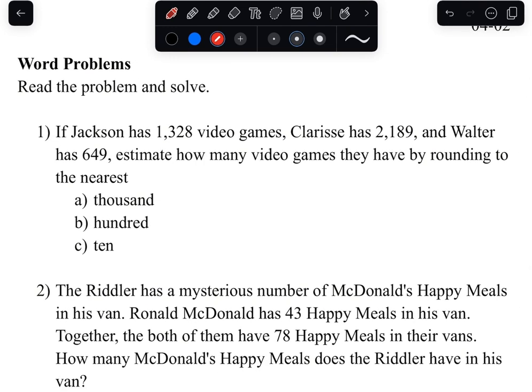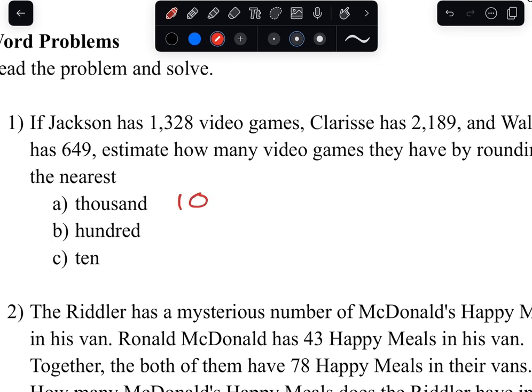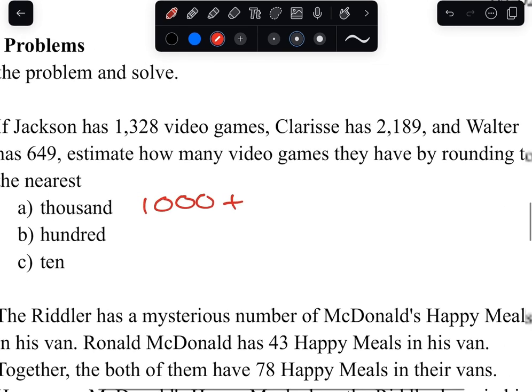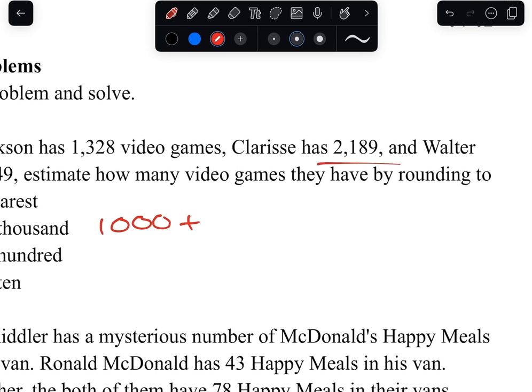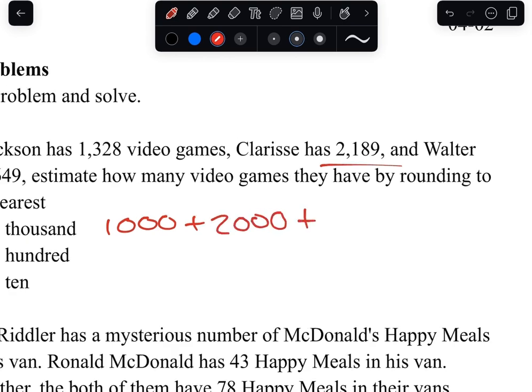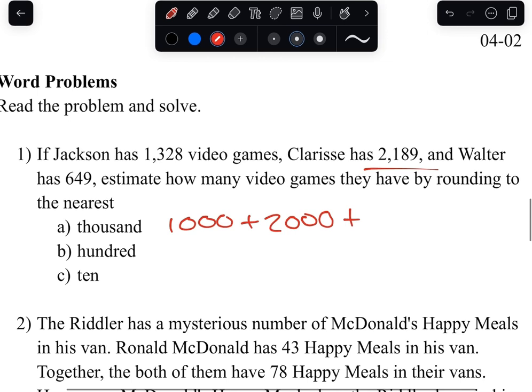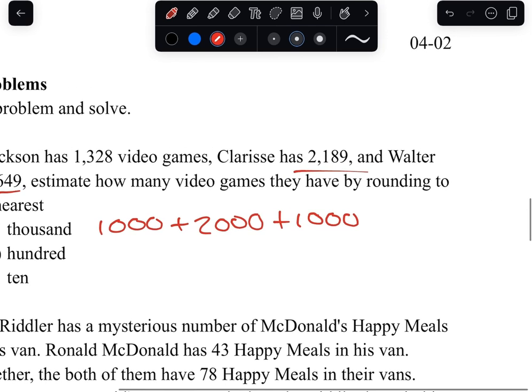So for part A, you can round the amount of video games that Jackson has to 1,000, and then this to 2,000, and the amount that Walter has to 1,000. You add these all up and then you get 4,000 video games.